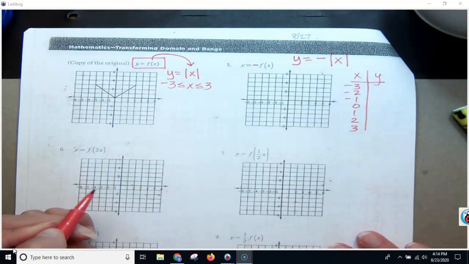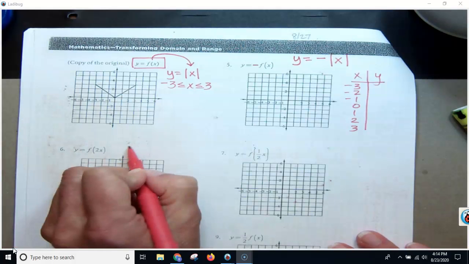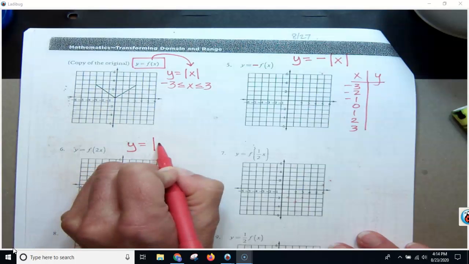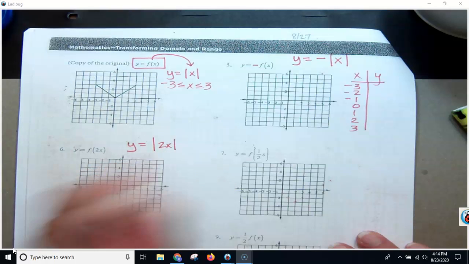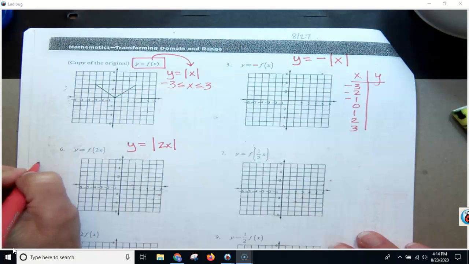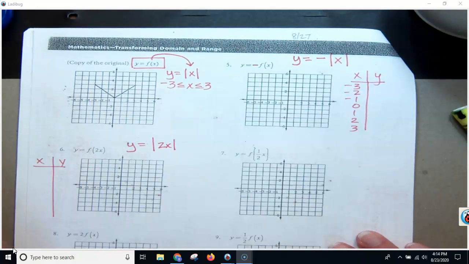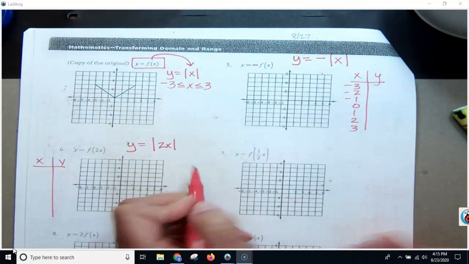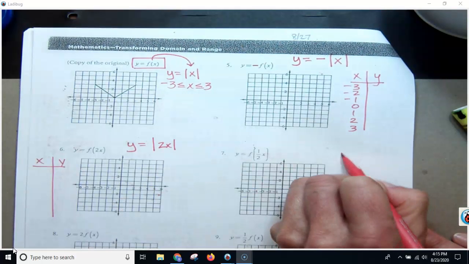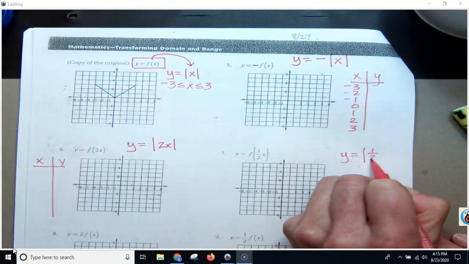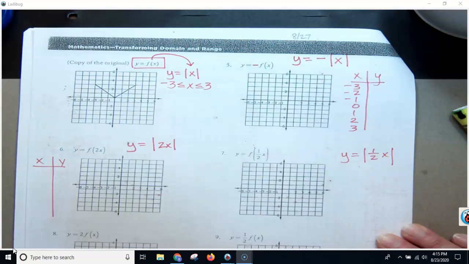What do you think? It's inside the parentheses, so it would be y equals the absolute value of 2x. And you'd go ahead and create your table using this equation. This would be y equals the absolute value of 1/2 x.